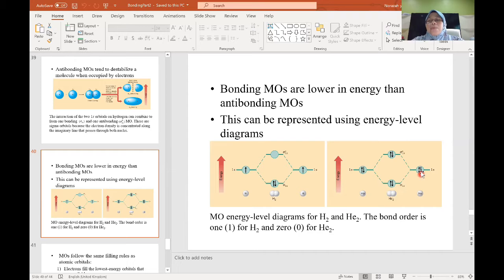If we arrange the electrons, we arrange the first 2 here, one and then another one. So we have another 2 electrons, and we arrange them in the higher energy molecular orbital. Since we have only 4, this is the complete version of the molecular orbital energy level diagram.